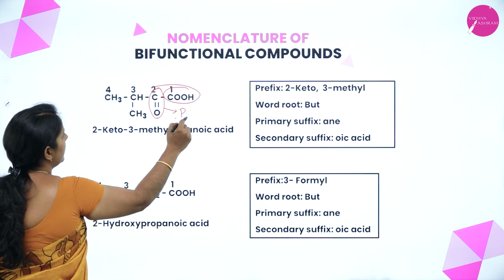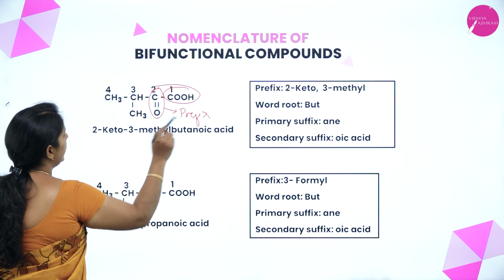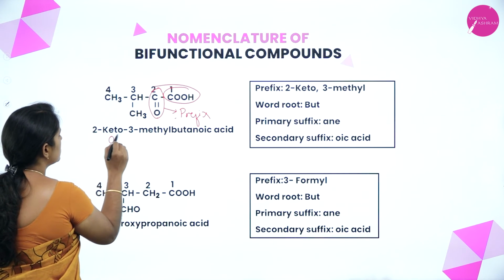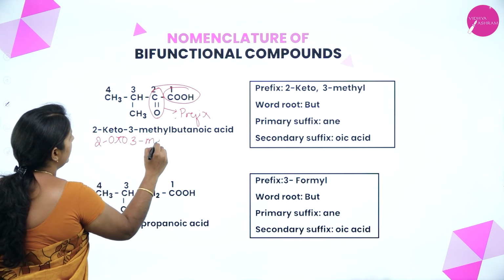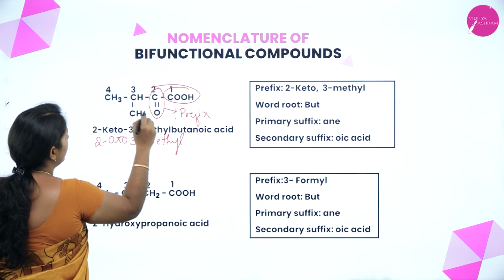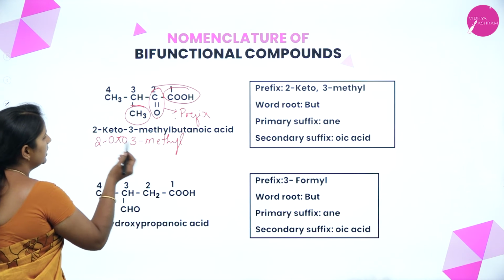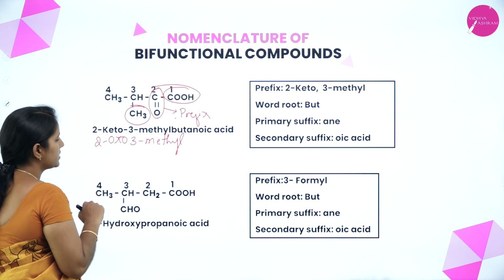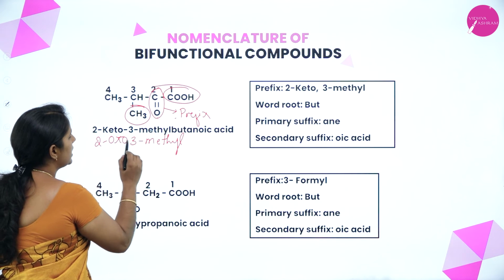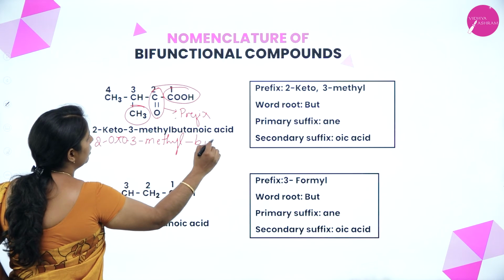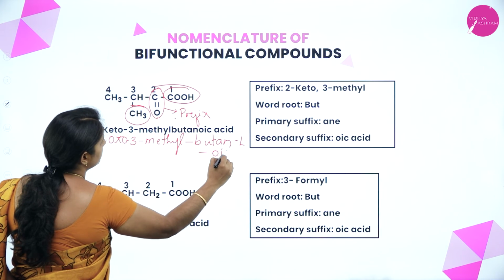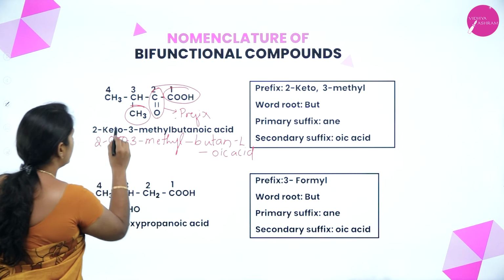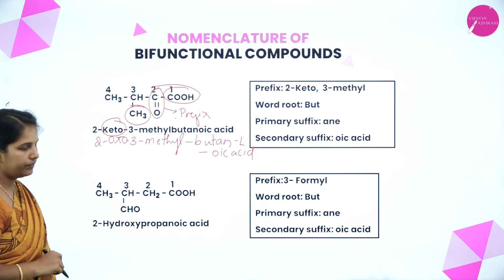So this will act as a prefix and it is keto, or you can say oxo also. 3-oxo, 3-methyl. We have one more substituent group here, right? So 3-methyl. Before that, one more prefix should come. 3-oxo, 3-methyl, butan-1-oic acid. Clear? You can use the word keto or oxo.